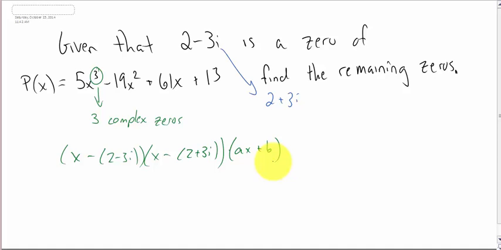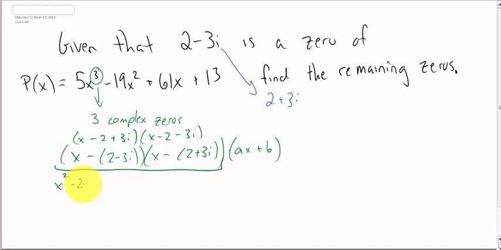Well, let's expand. Let's take these two and expand them out. x squared, just to make this a little easier, let's send this negative through. Minus 2 plus 3i, x minus 2 minus 3i. So x squared minus 2x minus 3xi.